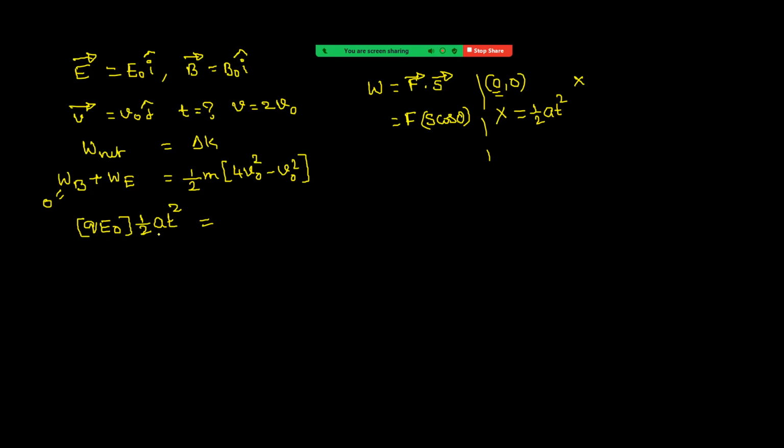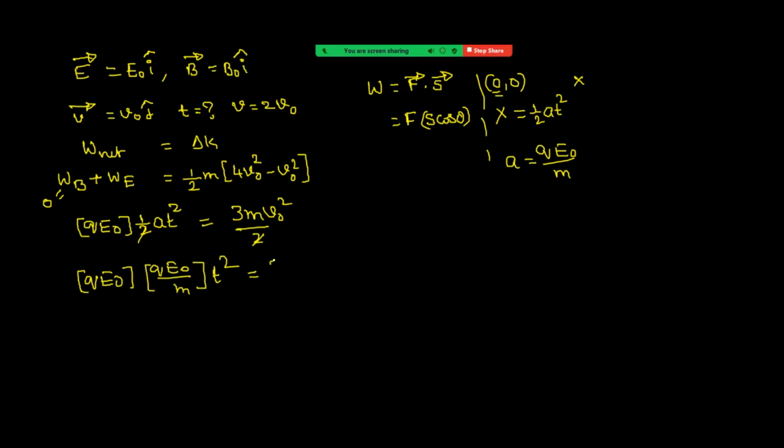So force into displacement component is equal to 3m V naught square upon 2, right? 2 and 2 get cancelled. In the place of acceleration, see what we have to write. It is q E naught, that is force upon mass, right? Substitute here q E naught by m into t square, that is equal to 3m v naught square.